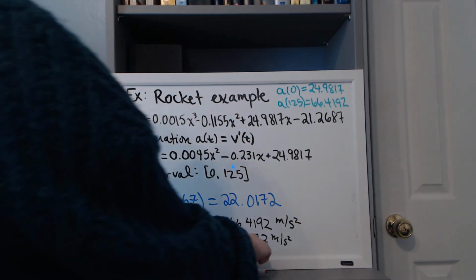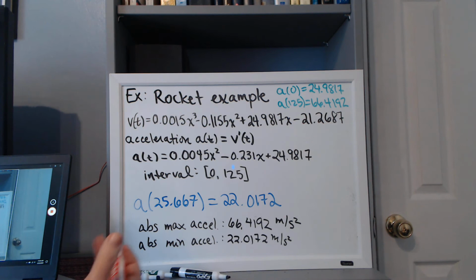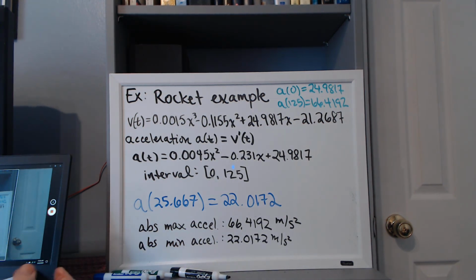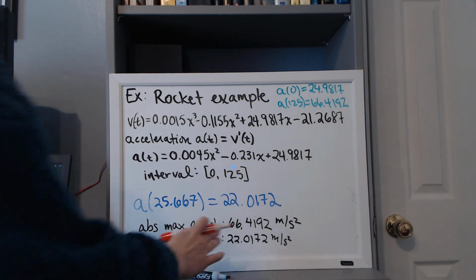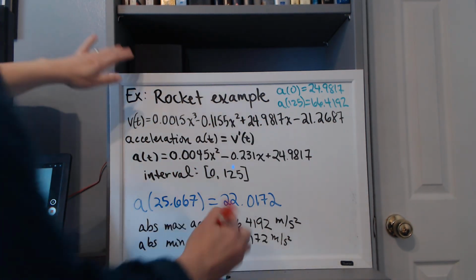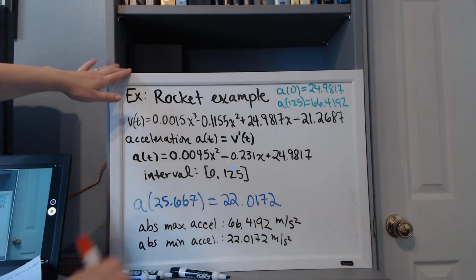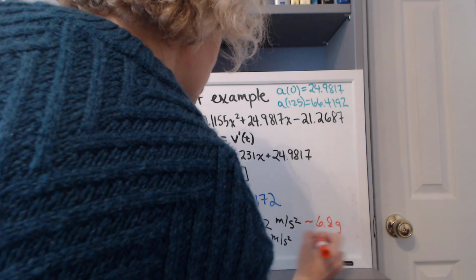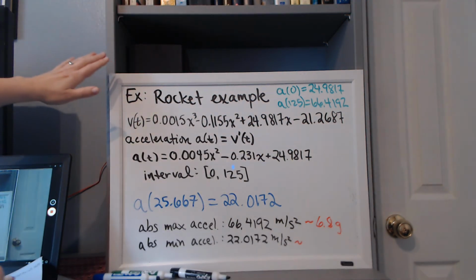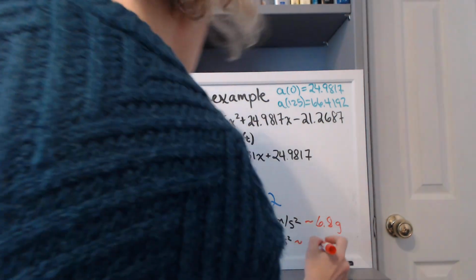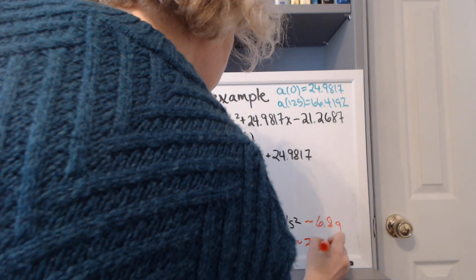And just to give us a little bit of context, I don't really know how much experience any of us have with this, but another unit, when we talk about G force, is the force of gravity. So the 66.4192, just for reference, is about 6.8 Gs. And this minimum acceleration, the 22.0172, is about 2.3 Gs.